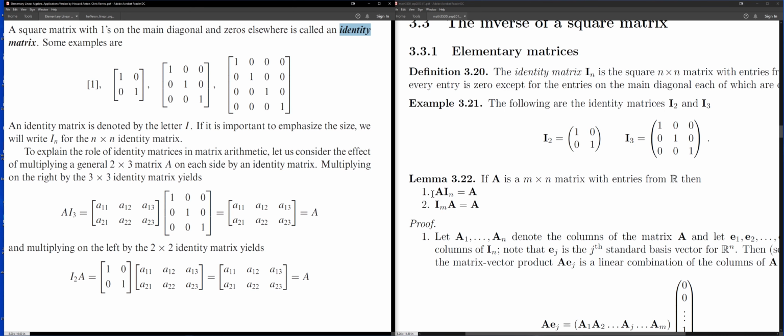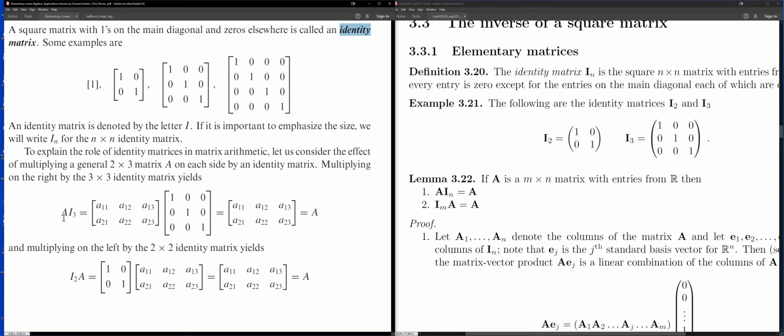In order for this matrix multiplication to be well defined, the number of columns of A needs to match the number of rows of the identity, right? So you see over here, I have a 2 by 3 matrix A to start off with, and I'm going to multiply by an identity, but for this multiplication to be well defined, the number of columns of A has to be equal to the number of rows of the identity, right?